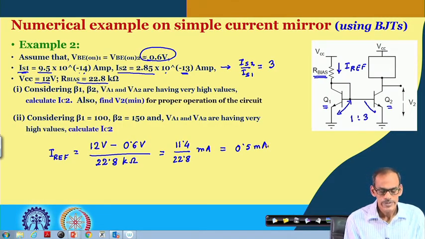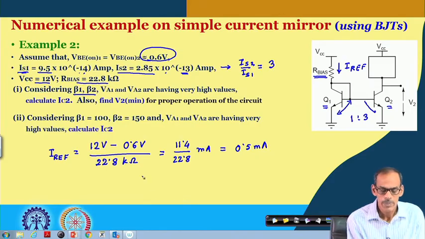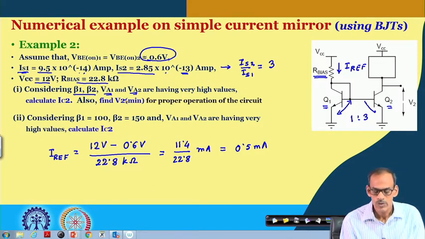Now, if I consider a simple situation, where both the betas are very high and early voltages are also very high, the non-ideality factor we are approximating as equal to 1.